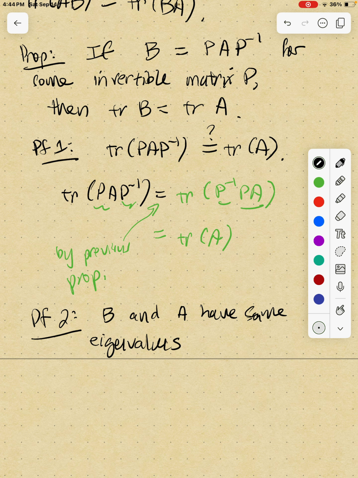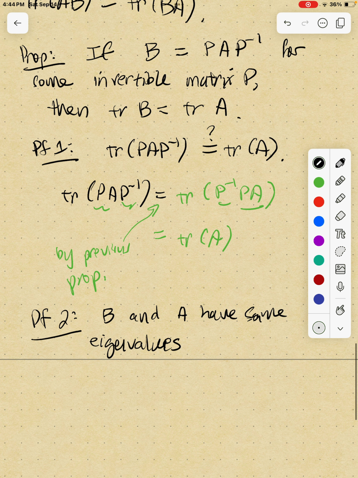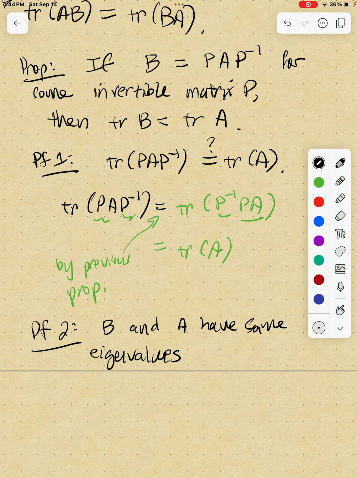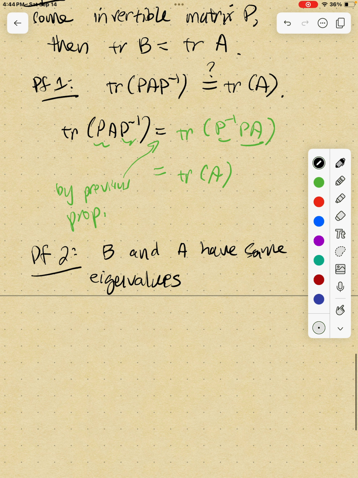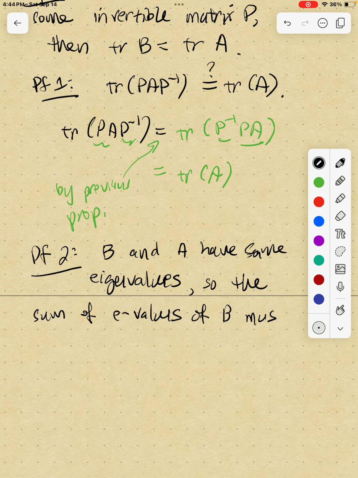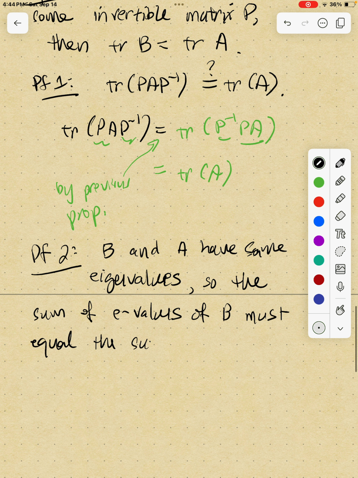That's a theorem about two matrices that are related in this form. They have the same eigenvalues, and therefore the sum of the eigenvalues must be the same. So the sum of the eigenvalues of B must be equal to the sum of the eigenvalues of A.